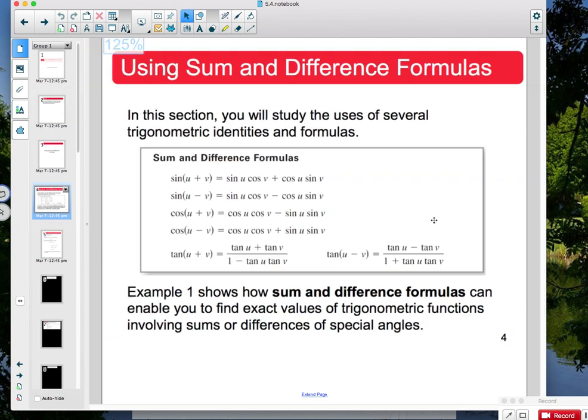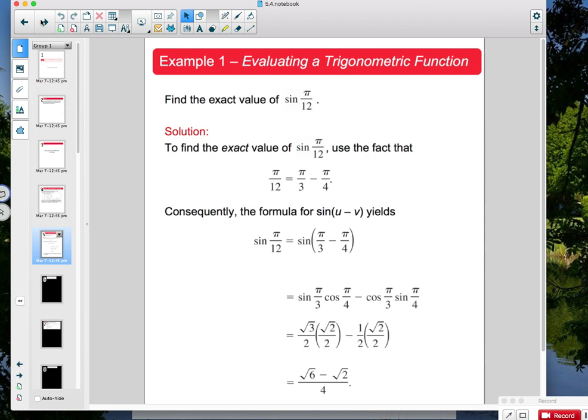So I'm going to move ahead to the next slide to show you how they are used. We have: find the exact value of sine pi over 12. We haven't memorized something on the unit circle with pi over 12, but you have to think how you can make pi over 12 with one of our known angles.